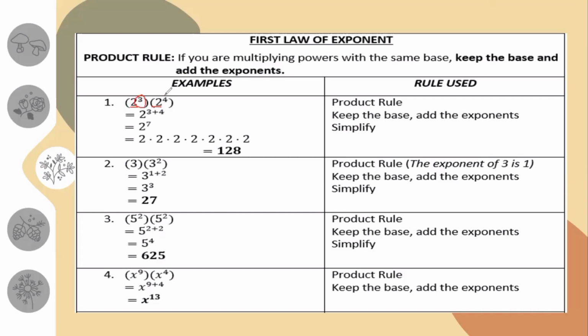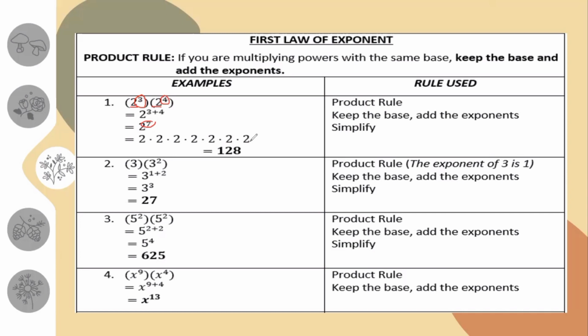And what are the exponents of our example number 1? Very good. We have 3 and 4. So if you are going to add 3 and 4, the sum will be 7. So 2 raised to 7 now means 2 times 2 times 2 times 2 times 2 times 2 times 2.